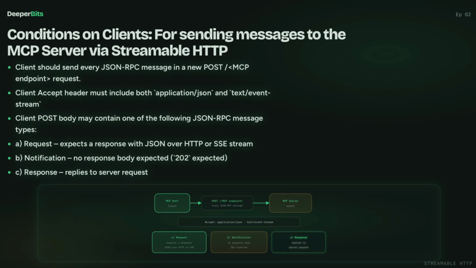I told you, whenever MCP host and MCP server communicate with each other using HTTP plus SSE, it's a bi-directional communication. If you have only enabled HTTP, then the third type, response, can't happen, because the server can't reach the client. But if you are using just HTTP, then the first two, request and notification, are possible.